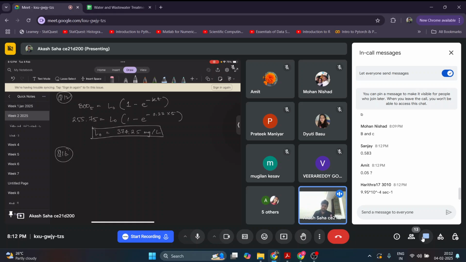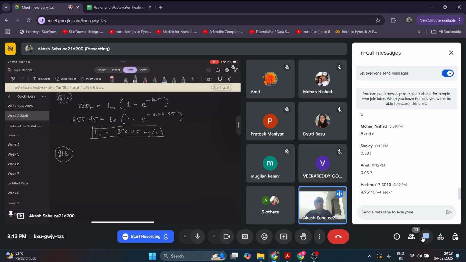But actually it is 0.0597. Okay, so 0.06 it will turn out to be. And one more thing, you also have to see in what units they are asking the answer. Mostly if it is such a small value, they will ask in seconds. Whatever you are getting in minutes, you can report it in seconds.